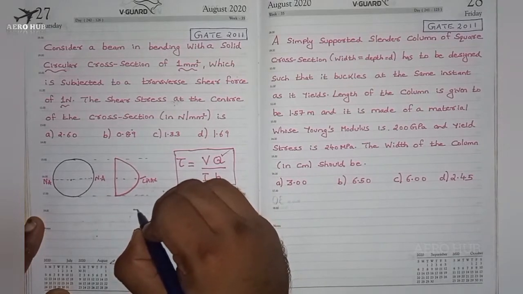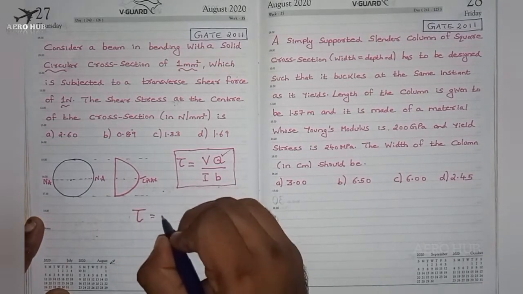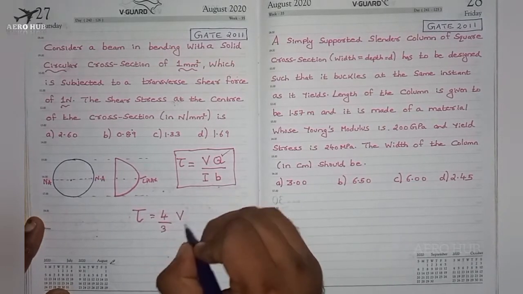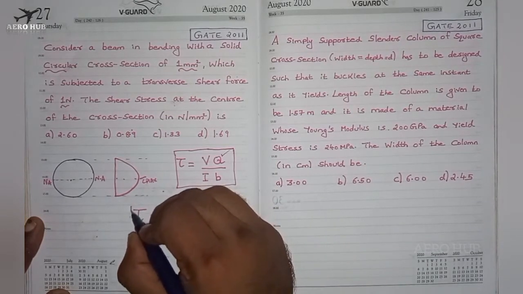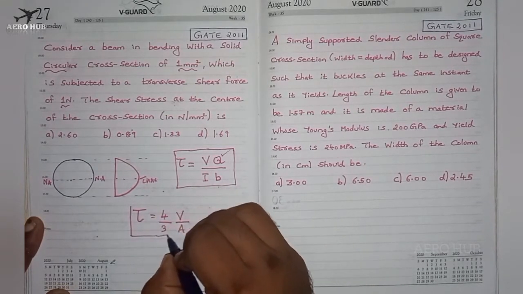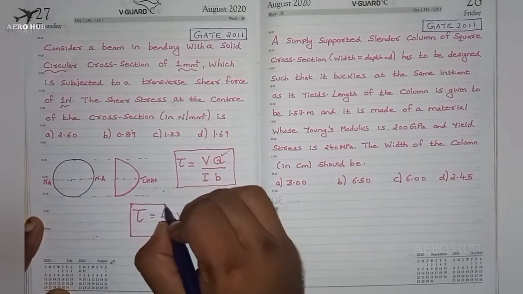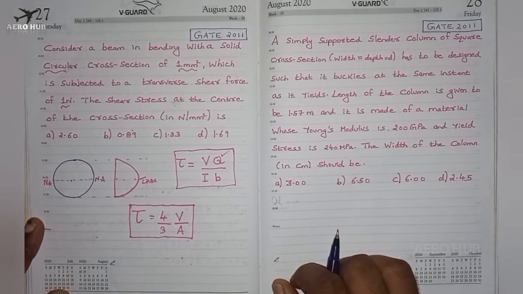To find out the maximum value of shear stress, the direct formula is 4 by 3 into V upon A, the shear force upon area. This is common for most of the sections: 4 by 3 into V by A. This is the formula I am using here.